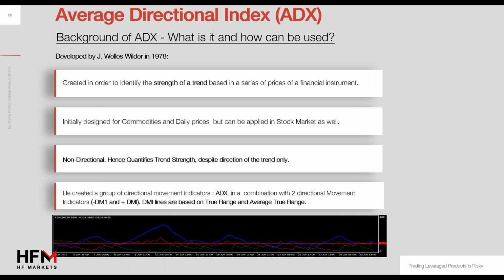Let's see a bit of background before we start. Actually, we have started already. I will avoid spending too much time on the history of ADX. I will simply mention that, first of all, it's a trending indicator, developed by Welles Wilder in 1978.